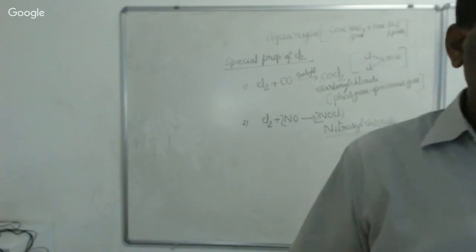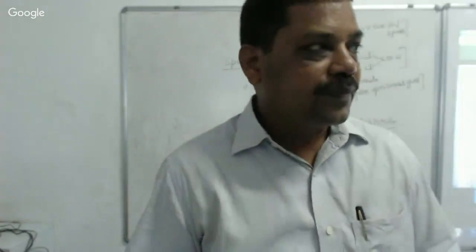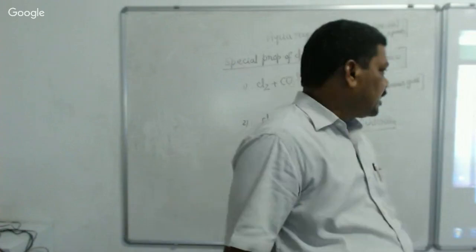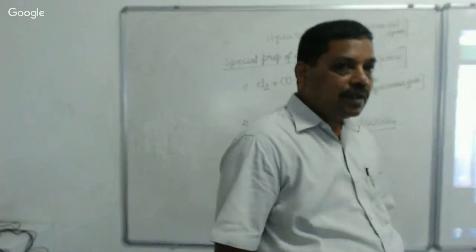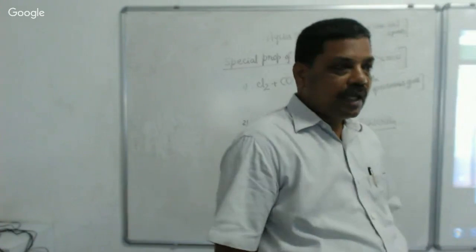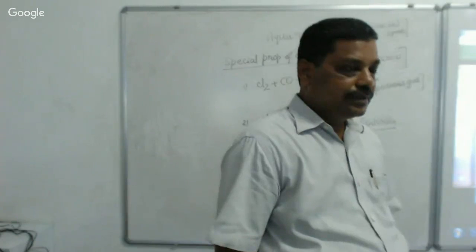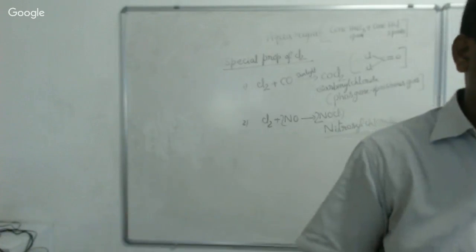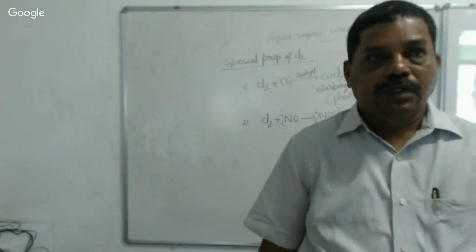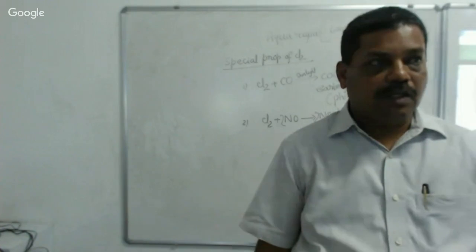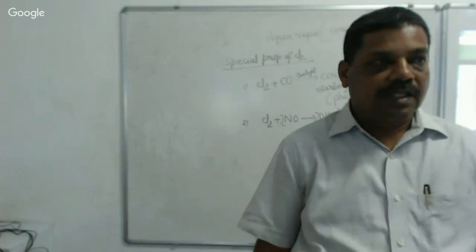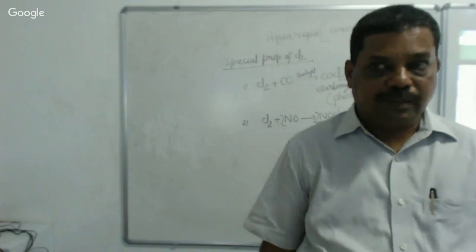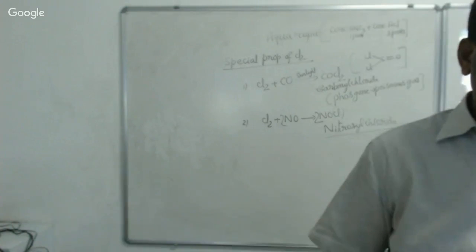Because of this nitrosyl chloride, which liberates nascent chlorine, gold and platinum are soluble in aqua regia. This is mainly responsible for the dissolution of gold and platinum, which are called noble metals. Generally, gold and platinum do not react with any other acids, but they dissolve in aqua regia.